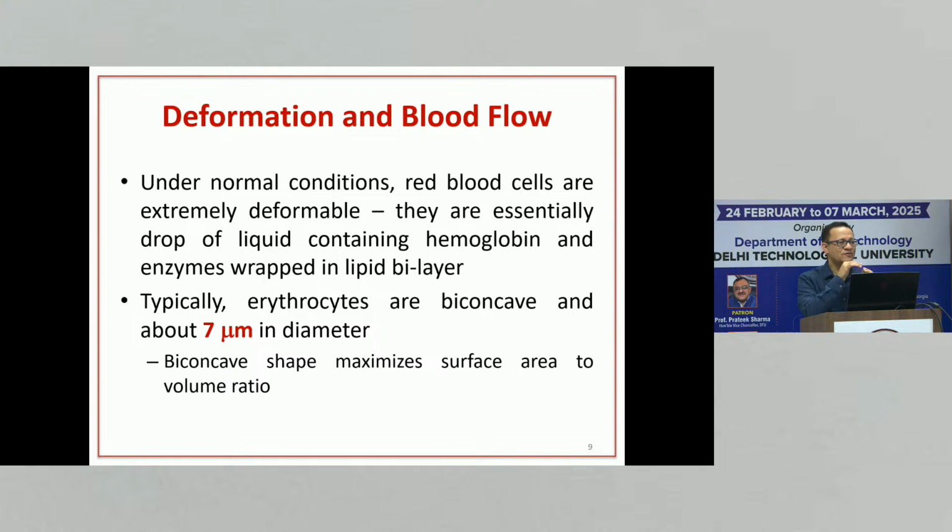The reason is when blood is flowing through tiny blood vessels, sometimes the size of the blood vessel is approximately 7 micron, and you have a 7 micron red blood cell size. So if they are not deformable, they can clog the blood vessels, which we don't want, of course, right?